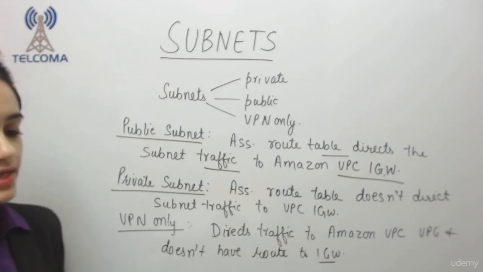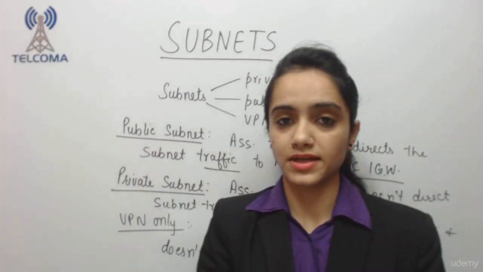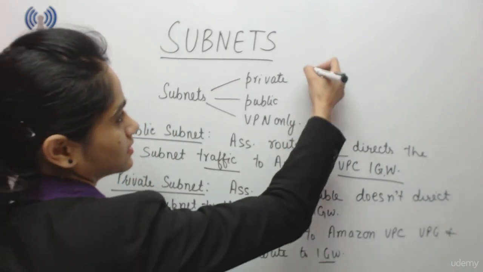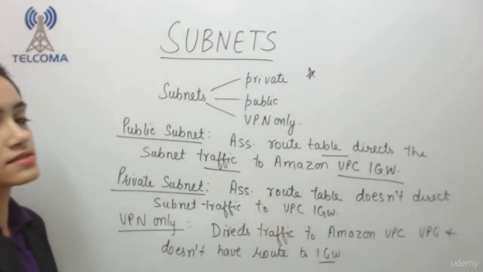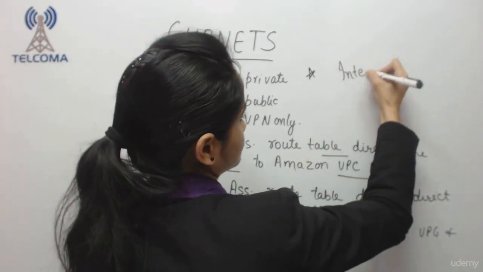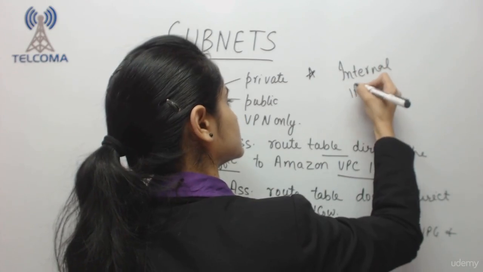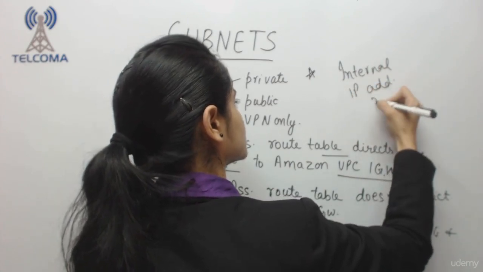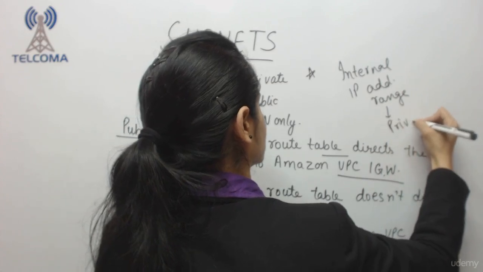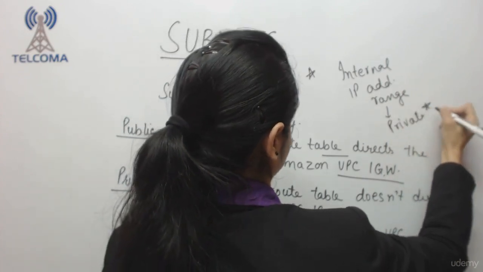The IP address range of a subnet is always private. That means we have to consider this, and this is an important thing, that this range is always private.